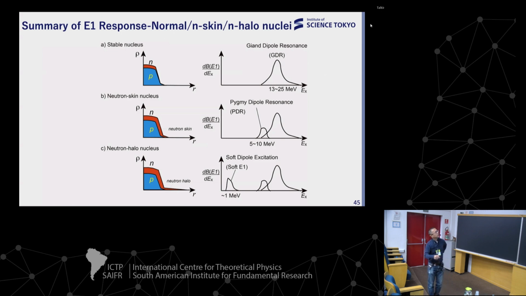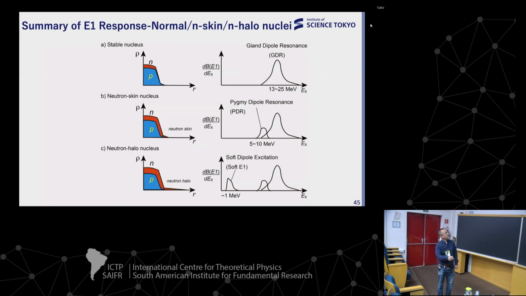And for this case, we have GDR, the giant dipole resonance. This pygmy dipole resonance is believed to be a vibration between this neutron skin against this proton core. So it should have this kind of small peak around 5 to 10 MeV.